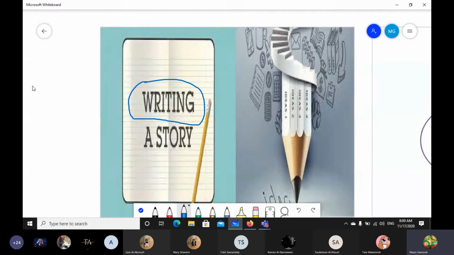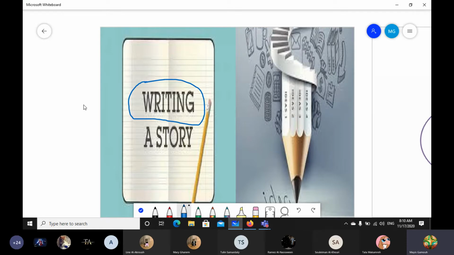No, if you take it easy, it will be an easy thing to do if you understand the aspects of writing, the elements of writing. It will be an easy task to do.